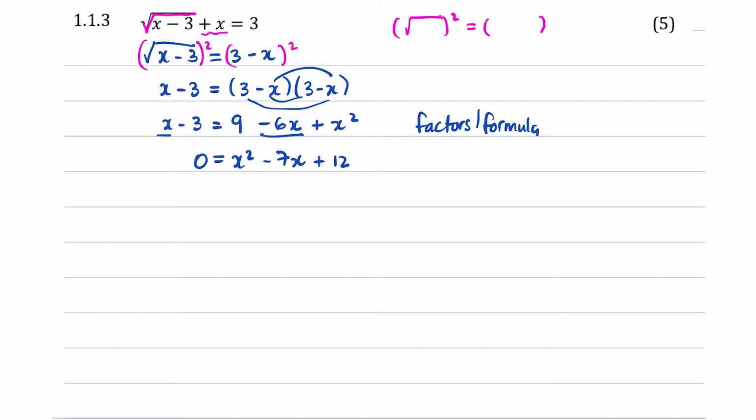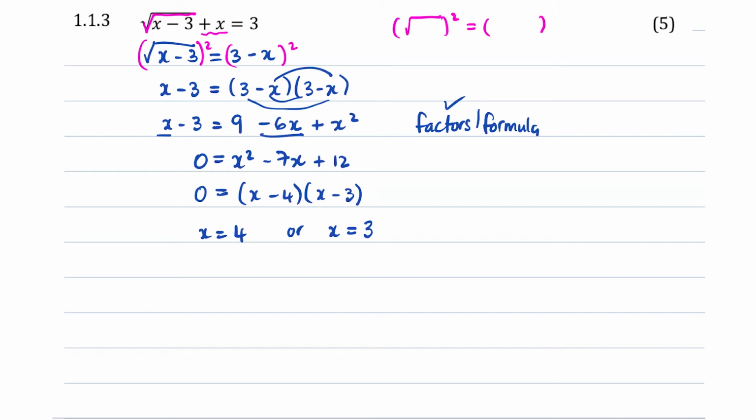We must have that equal to 0, otherwise nothing really follows from this. Now, this looks like we can factorize this. The factors of 12 that add up to negative 7, well, they'd be x minus 4 and x minus 3. That gives me positive 12, negative 4x, negative 7x. That's looking good. Now that I've got factors equal to 0, if x minus 4 equals 0, x would be equal to 4, or x minus 3 could be equal to 0, in which case x could be equal to 3.